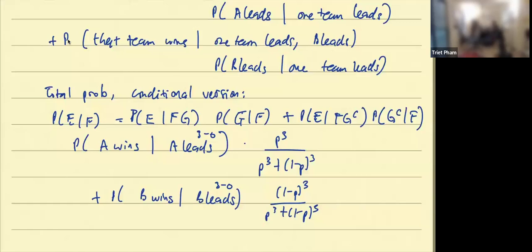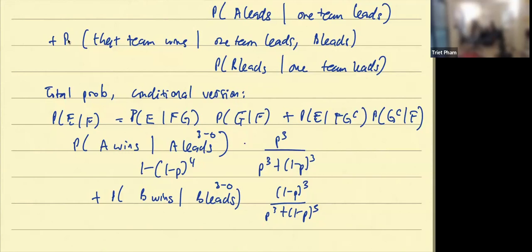It will be... correct. That's it. Why? Because the condition is that A already won 3 games, 3-0. A must win at least 1 game in the remaining 4 to win the series. Correct? And of course, the only time that doesn't happen is if B wins the remaining 4 games.